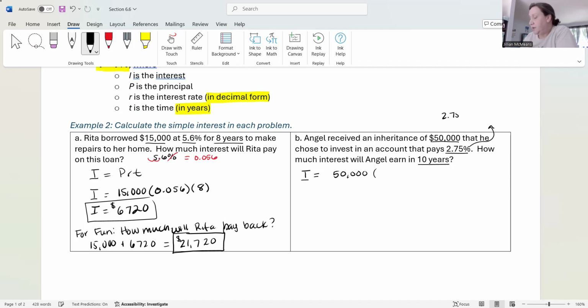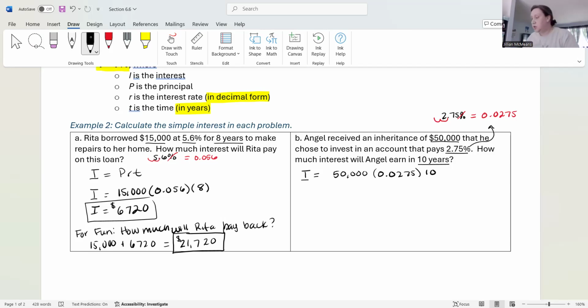If we have 2.75%, we write that as a decimal: we drop the percent symbol and move the decimal to the left twice. So 2.75% is 0.0275. So 50,000 times 0.0275, and we're interested in how much Angel will have in his account in 10 years, so we let T be 10.